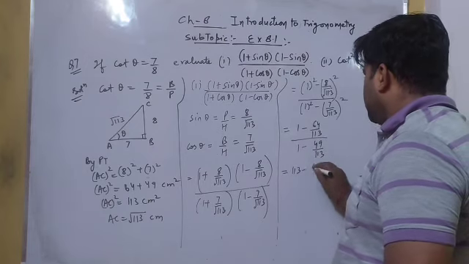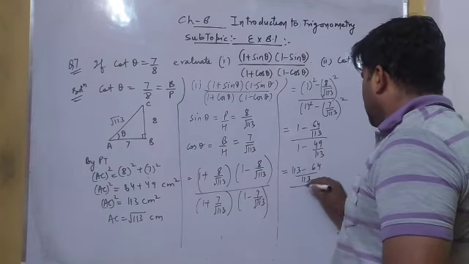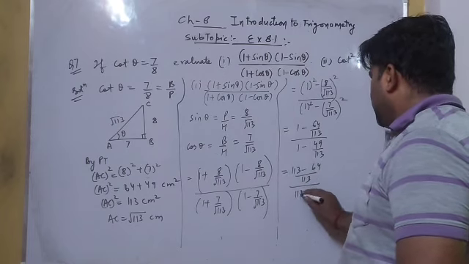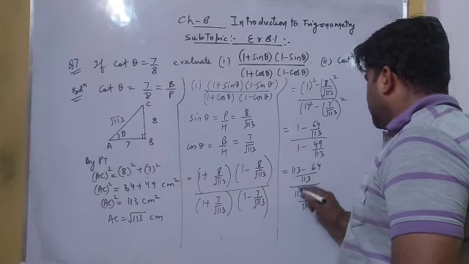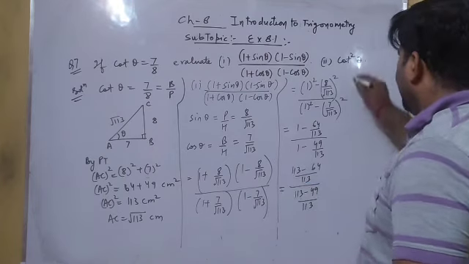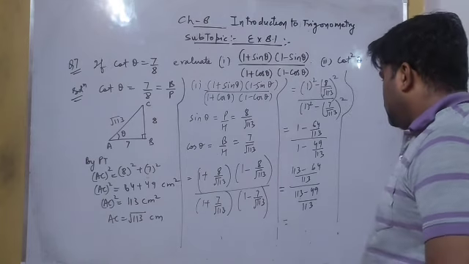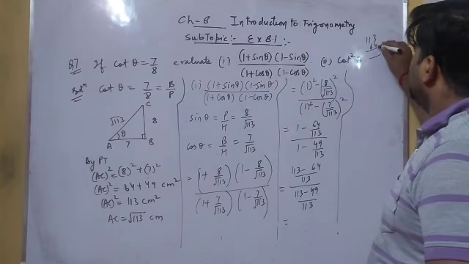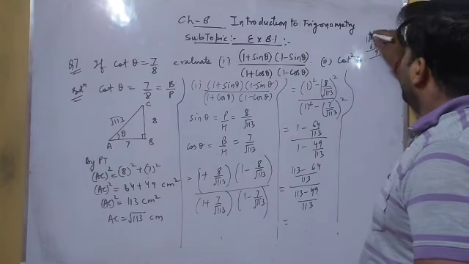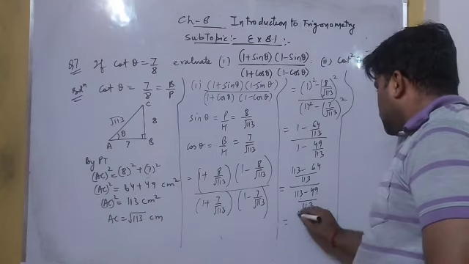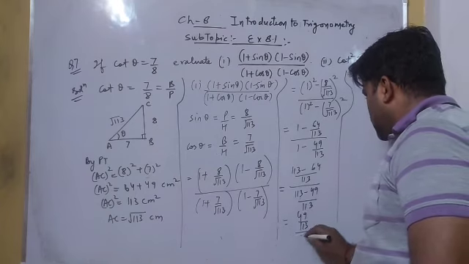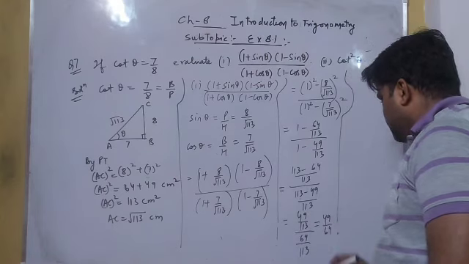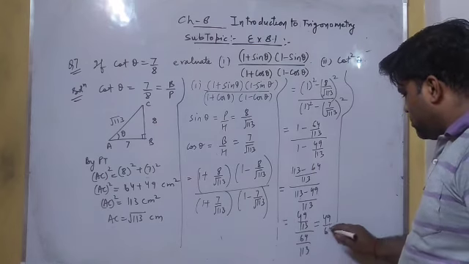On taking LCM, we get (113 minus 64) upon 113, which is 49 upon 113, upon 64 upon 113. Finally we get 49 upon 64, which is the required answer.